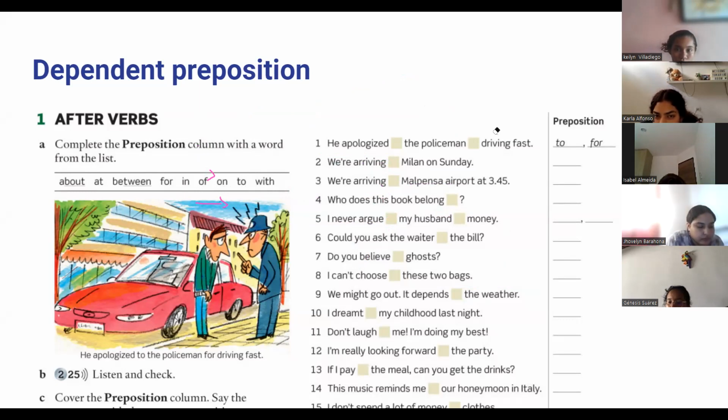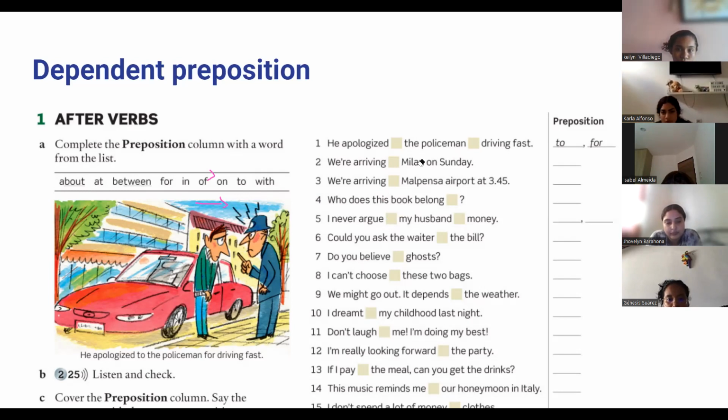Let's see number 1. He apologized. Apologize is a verb. And we need a preposition. Apologize to whom? To the policeman. For what? For driving fast. To and for are the prepositions that we have in the list. So please use these prepositions only to fill the gaps.